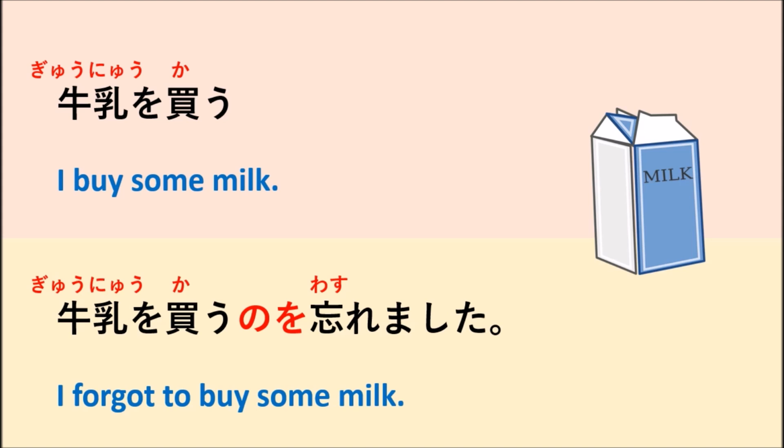That means when we use noO, we have a small sentence first, and after the small sentence we connect it with another verb. So we want to explain something we want to do, and after that we can put noO to explain by using a verb.